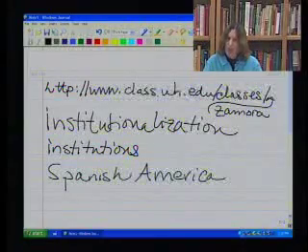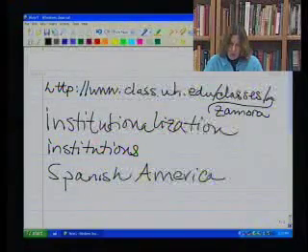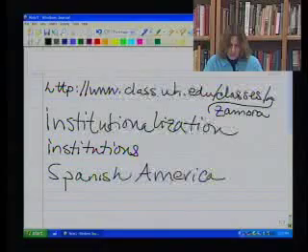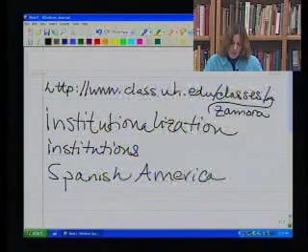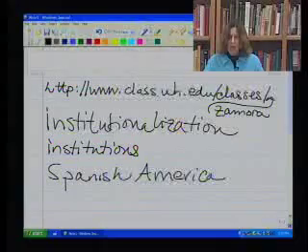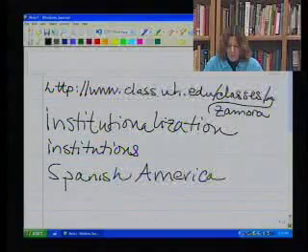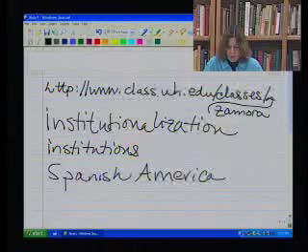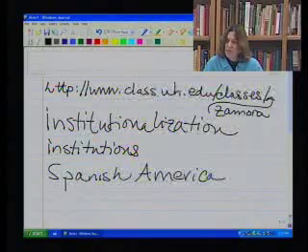Its role in conversion, its role in acculturation was critical. And however complex that task turned out to be, it's clear that the church had a lot of success.